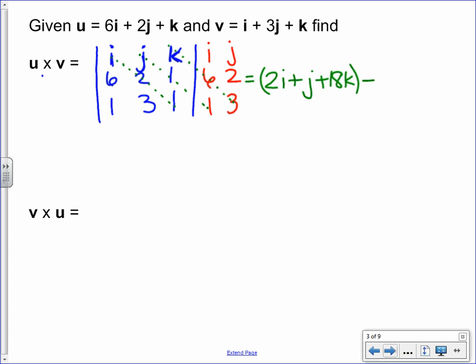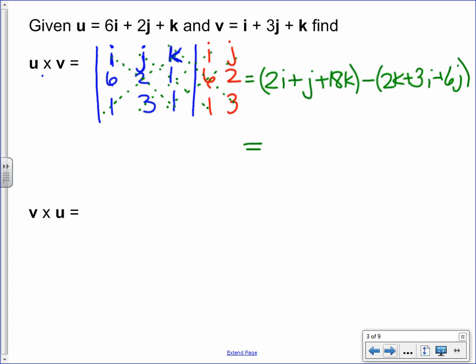Then we will subtract our diagonals going up. So what's this diagonal? 2K. 2K plus 3I plus 6J. Okay, now it's a matter of combining like terms. So we better do this in order.